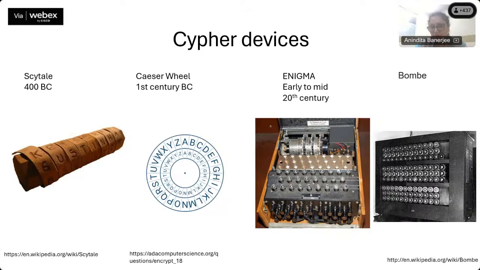And in the 20th century, we had the electromechanical device, Enigma. Then, to decode the cryptography, we needed another electromechanical device, the Bombe. Okay.